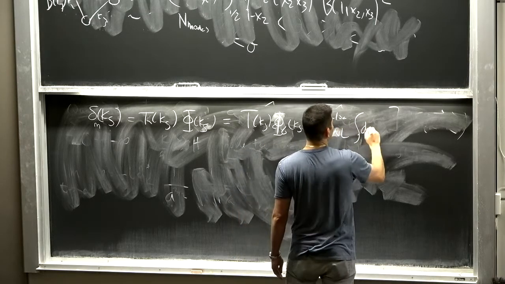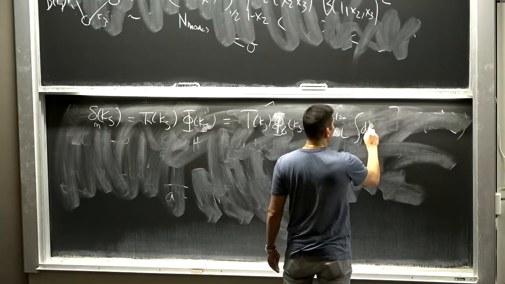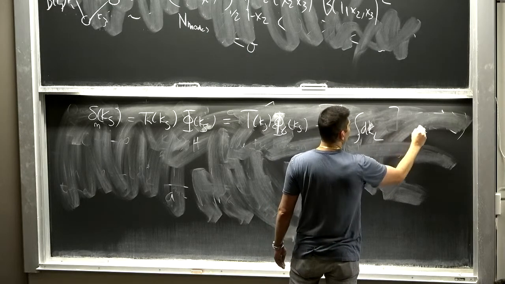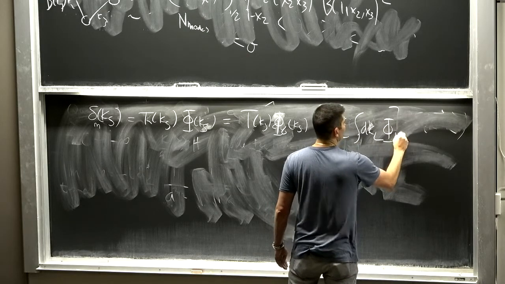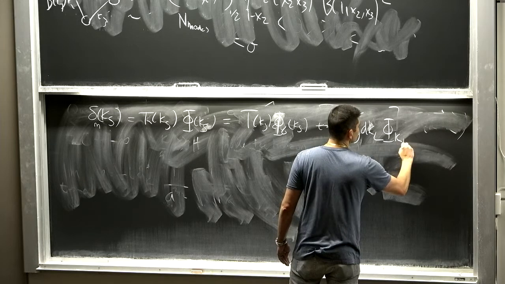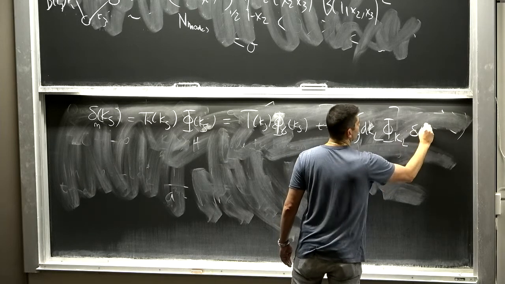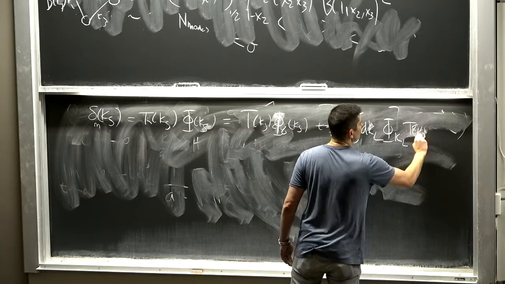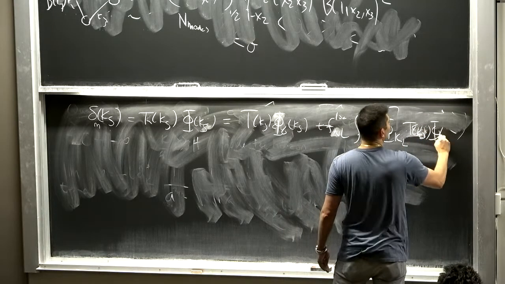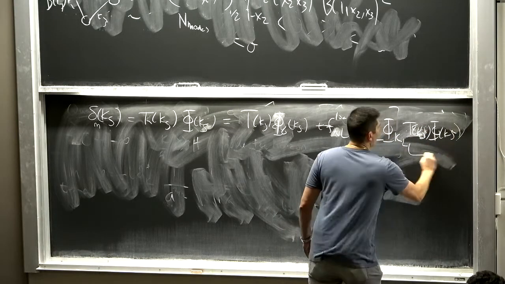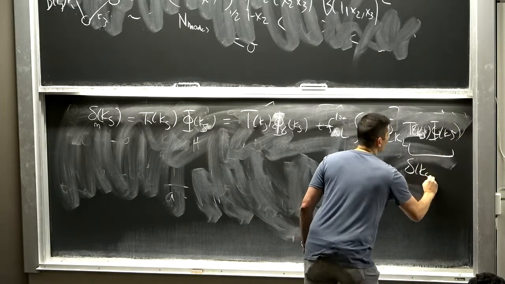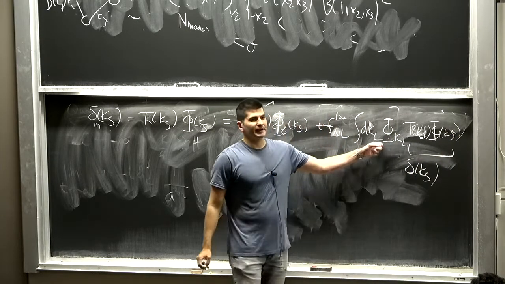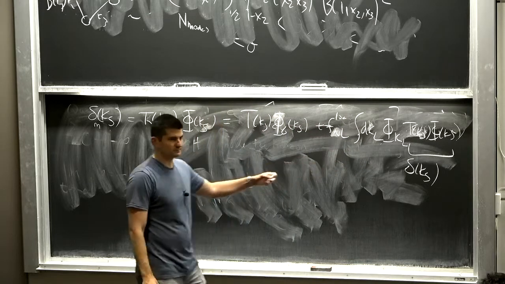So I will get some kind of convolution, let's say I'm just going to put k long here, between a long wavelength phi and a short wavelength delta. So here will be the short transfer function and my phi. So I have a short delta that's being modulated by a long wavelength phi.